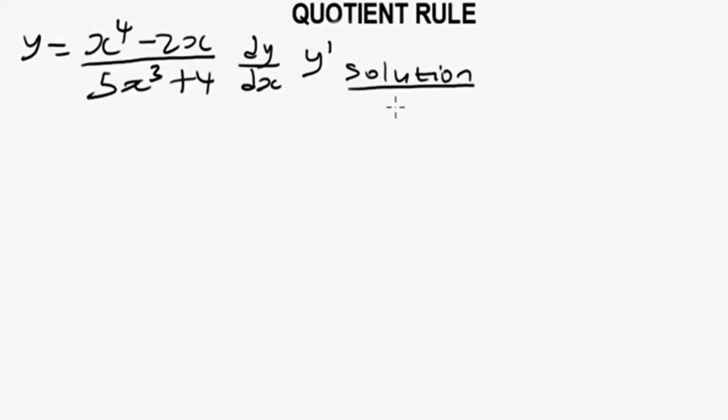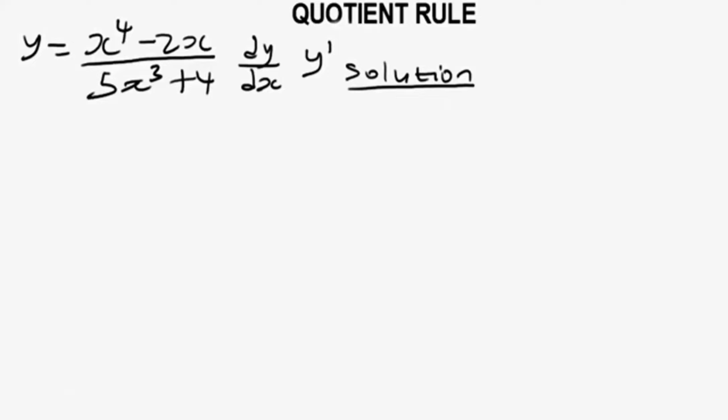Just like the product rule has a formula, the quotient rule also has a formula, and it's important you commit it to memory. It will help in the long run, because without it, you will not be able to solve problems involving the quotient rule. Any derivative that has a fraction is where you apply the quotient rule.